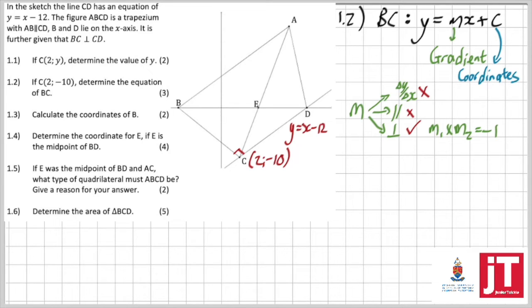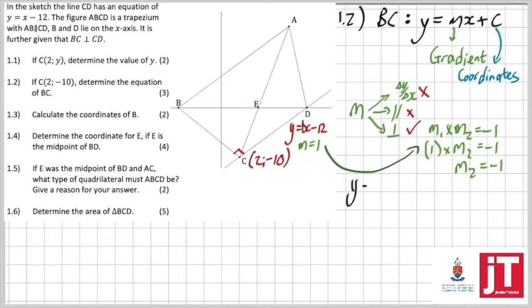I'm going to use that third option. And because the gradient is 1, now I've already gone and quickly calculated, but I want you to just be aware that that 1 comes from being the coefficient of x. If I substitute that in there, I can calculate my m2. So this means my gradient is -1.